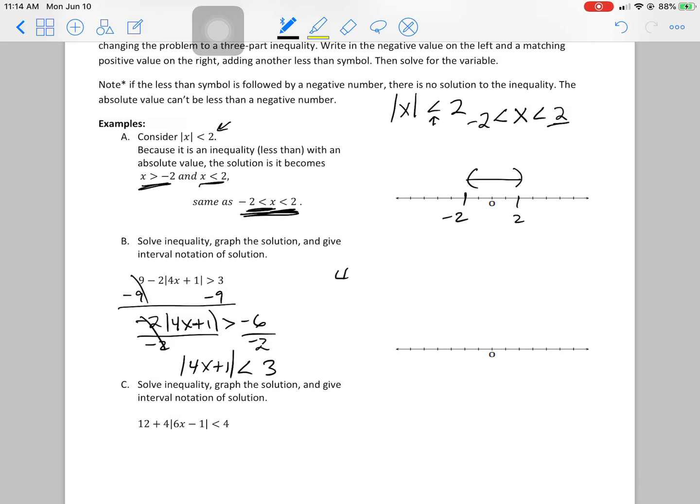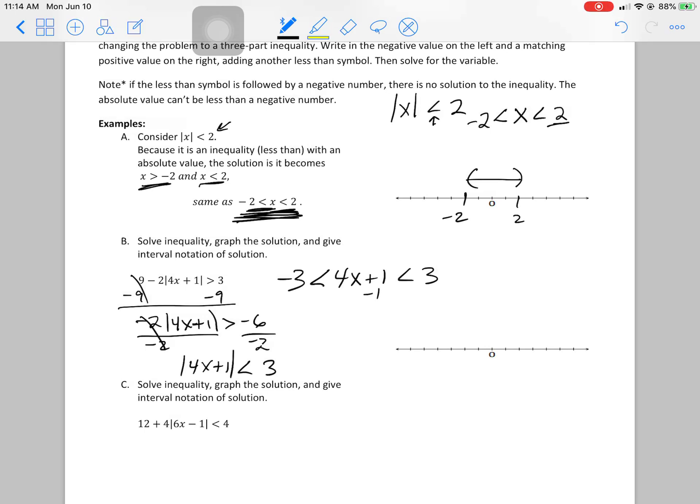So you take whatever's in here and put that back without the bars, and then put another less than symbol and put minus whatever's on the other side. Okay? Because these are all the different numbers, whatever this is in here, that would make this a true statement.